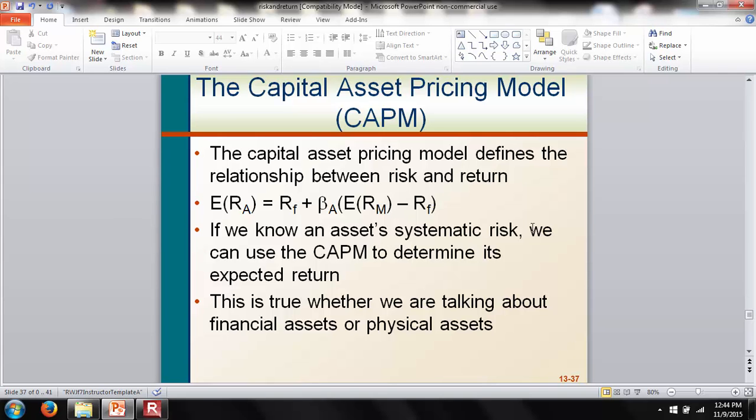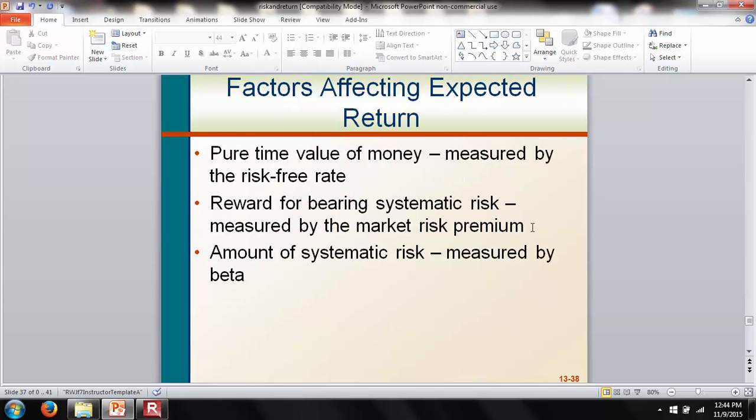It tells you that the return on a stock is given by the risk-free rate plus the beta of the stock times the expected return on the market minus the risk-free rate. So here the return on the stock is given by the risk-free rate plus the beta of the stock times what we see in brackets, which is the market risk premium. Okay? So that is the expected return on the market minus the risk-free rate.